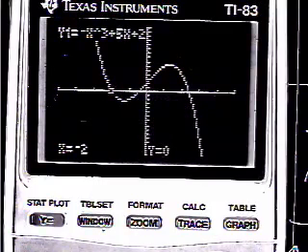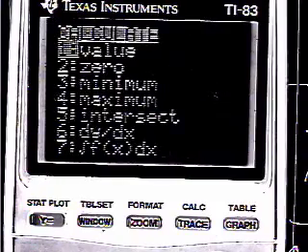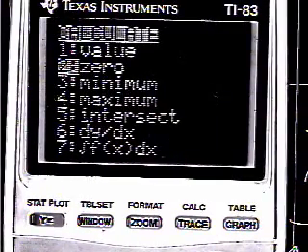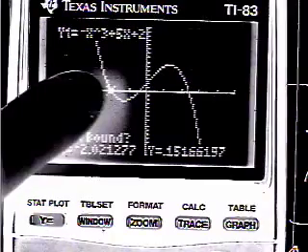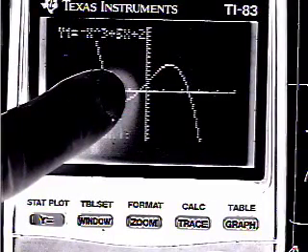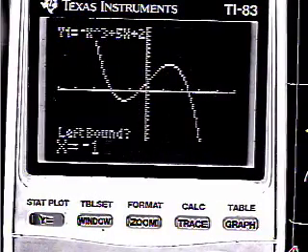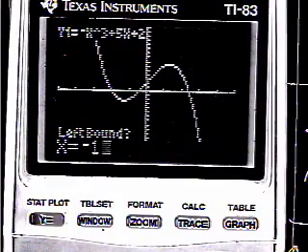Sorry. So I'm going to calculate a zero. It asks me for a left boundary. So I'm going to give it a left boundary. I think that negative 1 is a left boundary. Now I can either type it on the screen, or I can actually use the arrow.